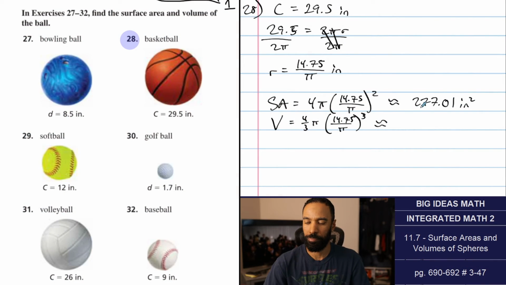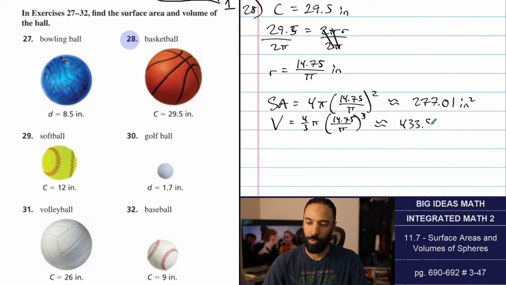See how it rounded to 0.01, and this one rounded to 0.53. So it rounded up based on what you saw there, and that's what you should be doing. So surface area, 277.01 square inches, and the other one, 433.53 cubic inches, volume.